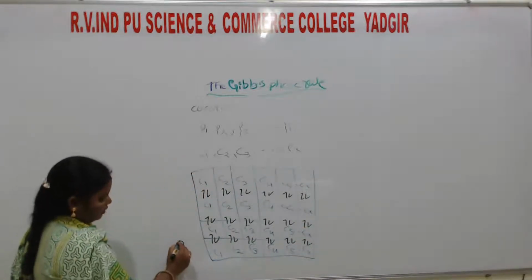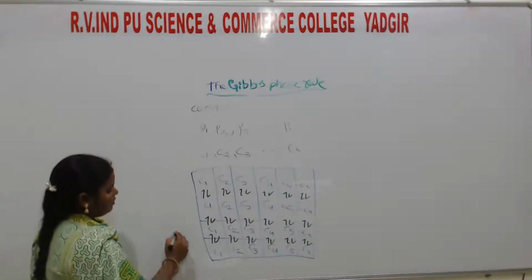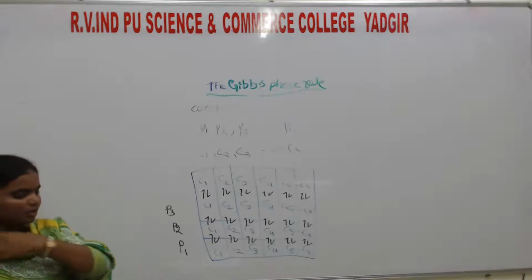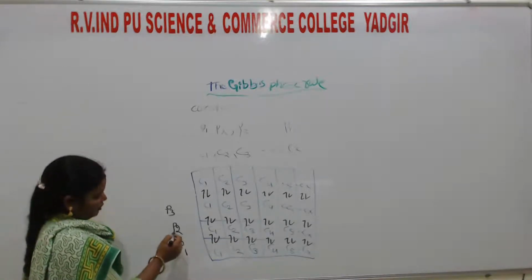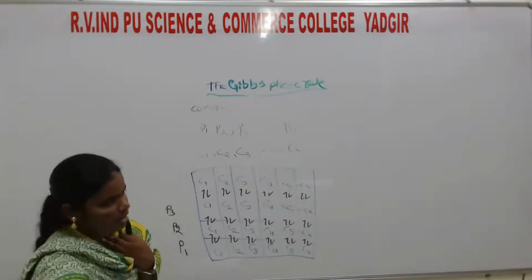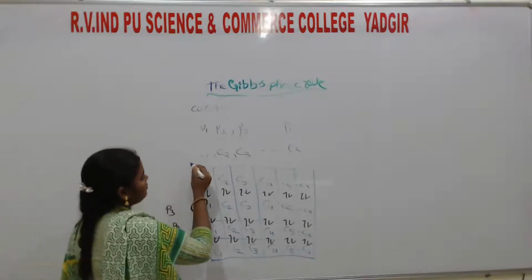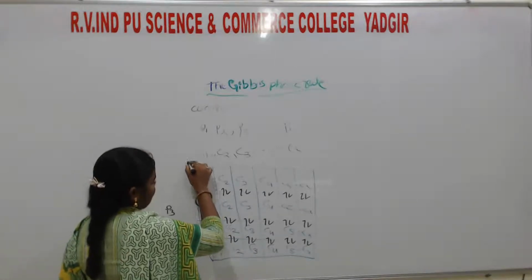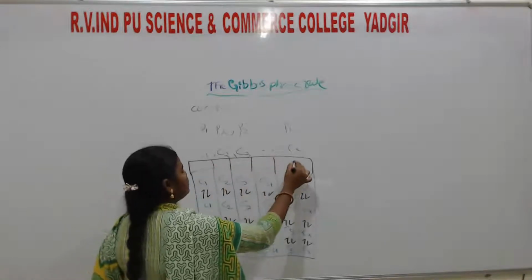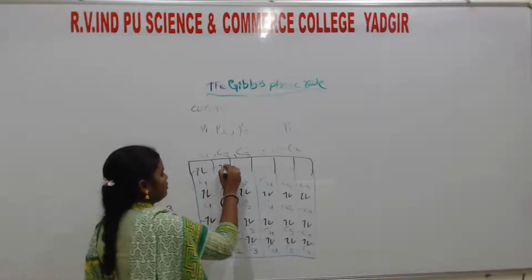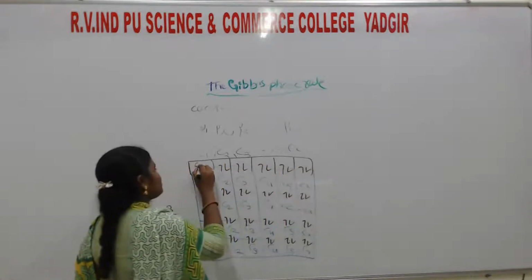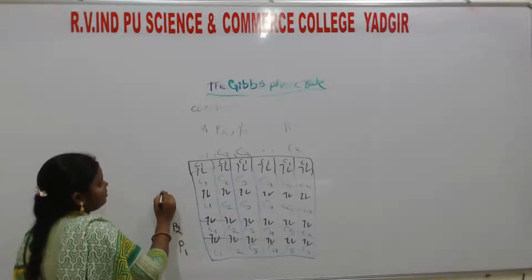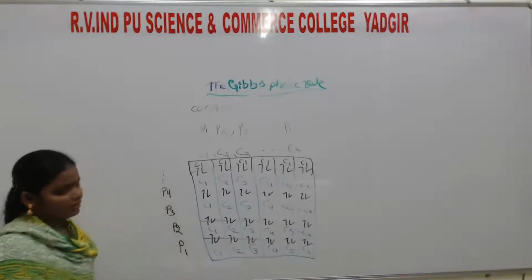These are the phases: phase 1, phase 2, phase 3, P1, P2, P3, P4, etc., up to Pn.